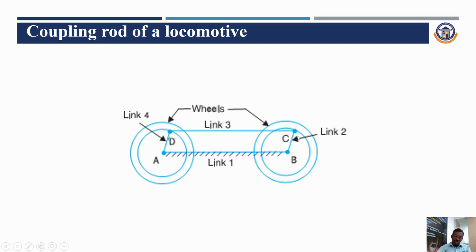If that link rotates clockwise, link 4 also rotates automatically, and link 3 rotates in a similar manner. It is used in railways, where a railway wheel can rotate in the same manner.